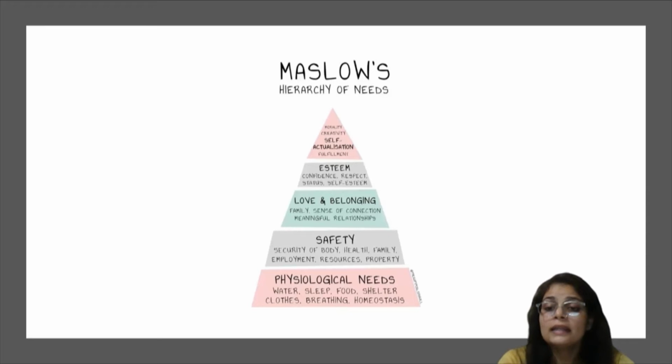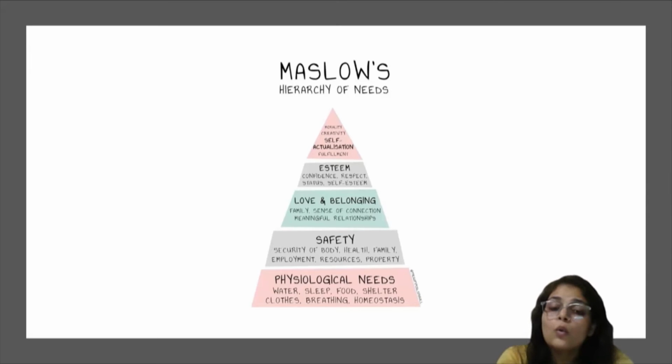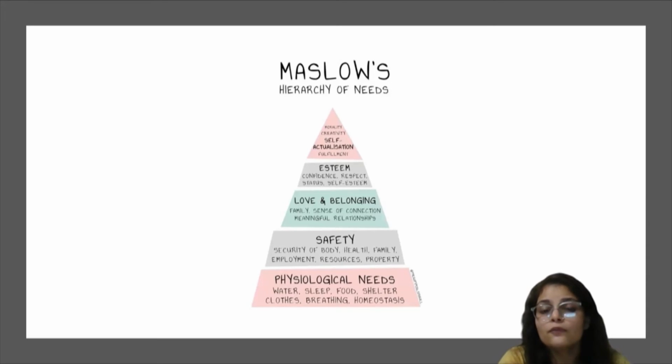According to Maslow, lower needs must be satisfied in order to proceed with the next one. A person should be able to complete his physiological needs. Only after being satisfied with the physiological needs would one be able to move to the psychological needs.